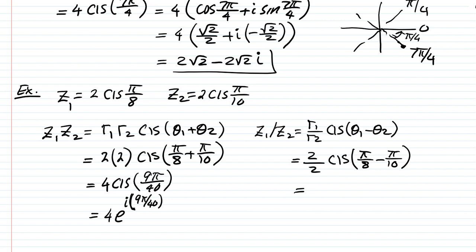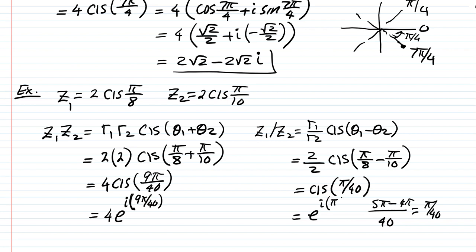When you subtract, the LCD is 40, so that's going to be 5 pi minus 4 pi over 40. That's going to be the argument, cis pi over 40. And then we can write it in exponential form, right? In exponential form, because r is 1, it's just e to the i theta, which is pi over 40.